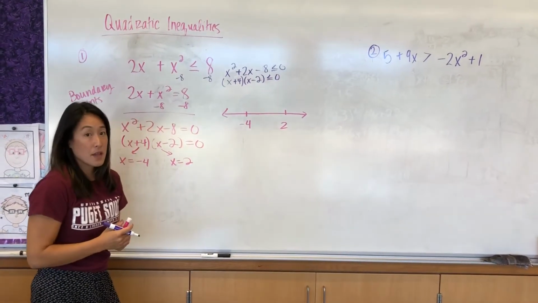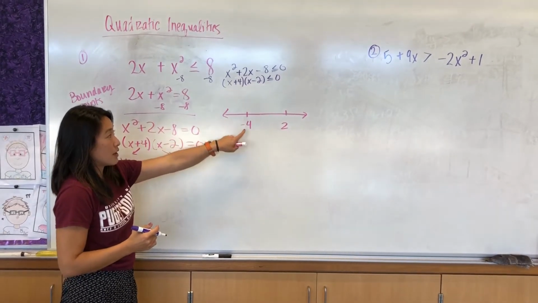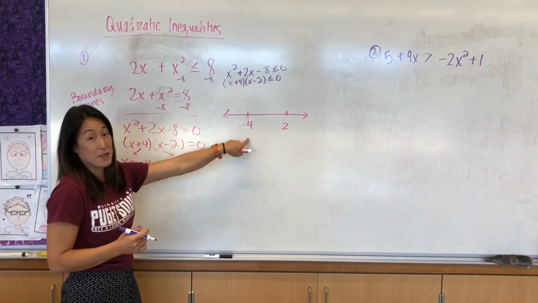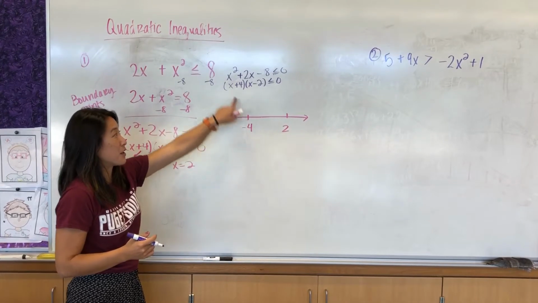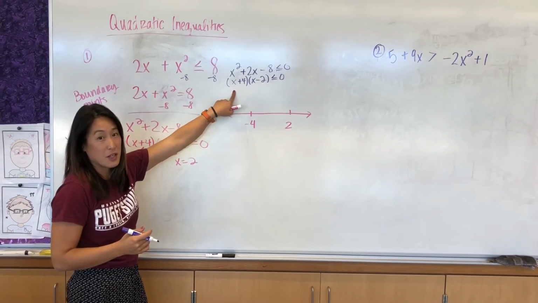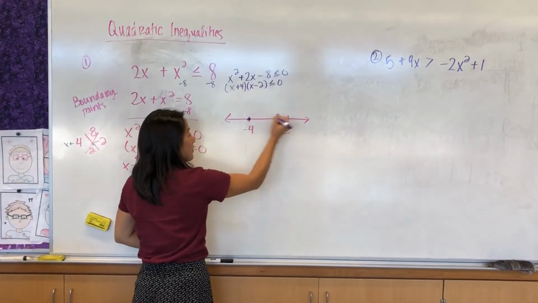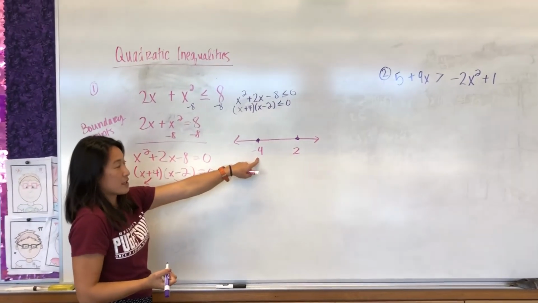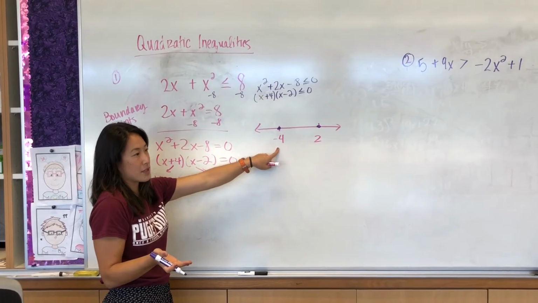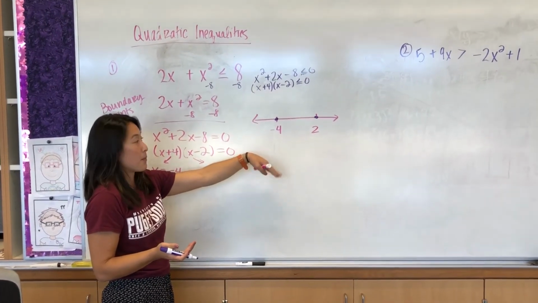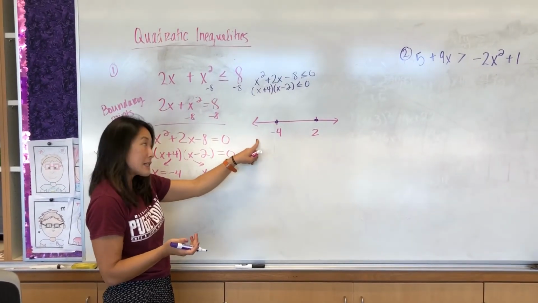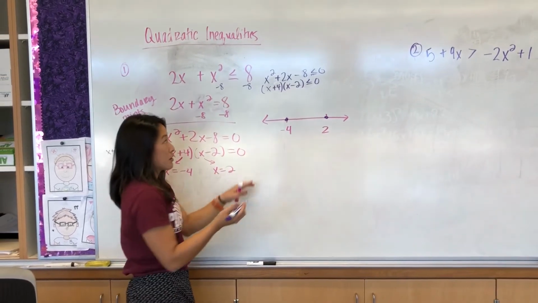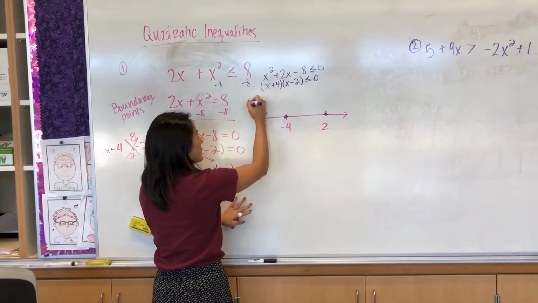Okay? So we have to choose a value. Actually, what happens if I plug in negative 4 into my equation? Oh, I get an output of 0. Okay? Next, 0 doesn't help me because that's not a positive or a negative number. So I gotta plug in something that's less than negative 4, so something like negative 10.